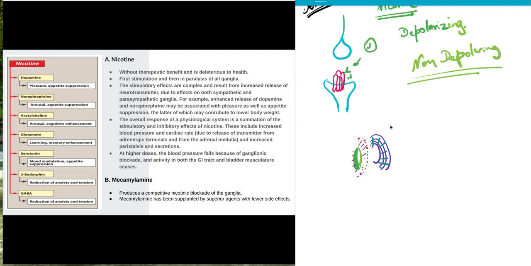Suppose there is an enhanced release of dopamine and norepinephrine. Dopamine plus norepinephrine will cause pleasure as well as suppress the appetite. You are getting both, because appetite suppression is a job of dopamine as well as norepinephrine.